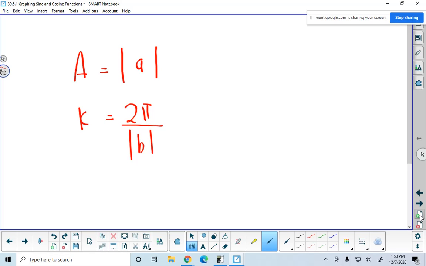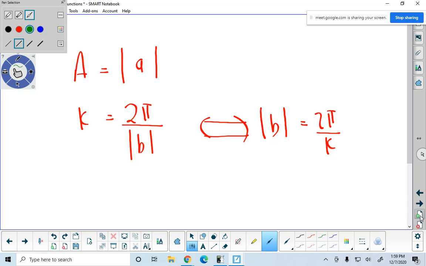Incidentally, and we're going to get some practice with this with an assignment you're going to get shortly, probably later today or tomorrow. If period equals 2 pi over B, then B is 2 pi over the period. If you were to cross multiply K over 1 equals 2 pi over B, you'd get K times B equals 2 pi.